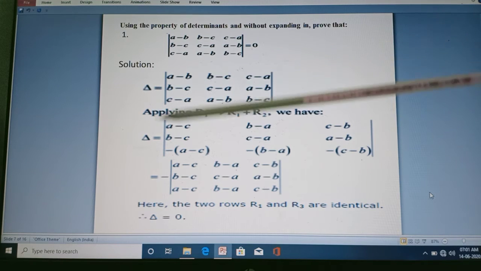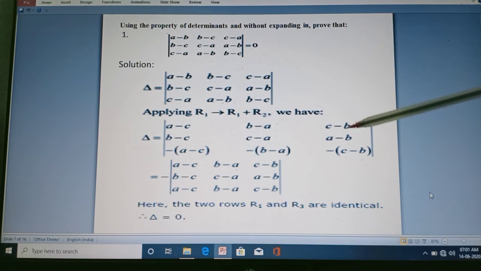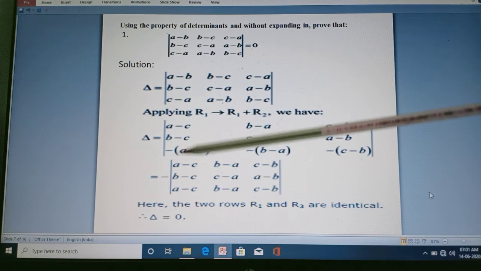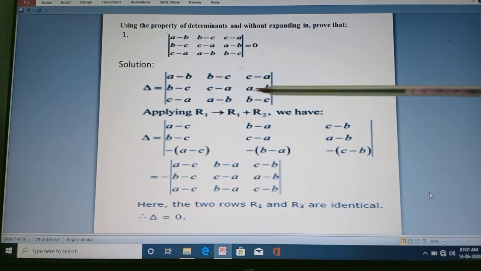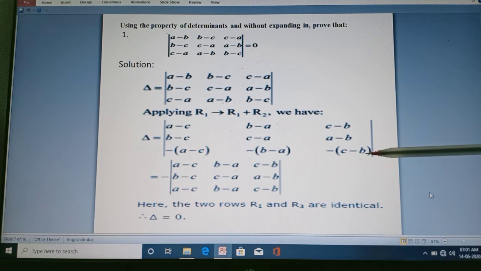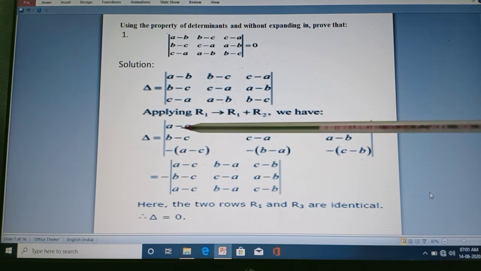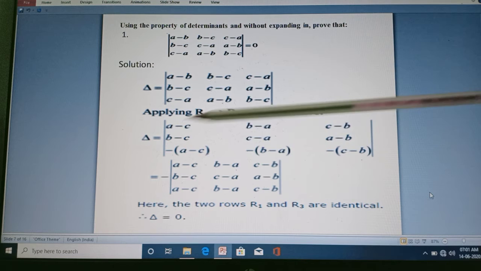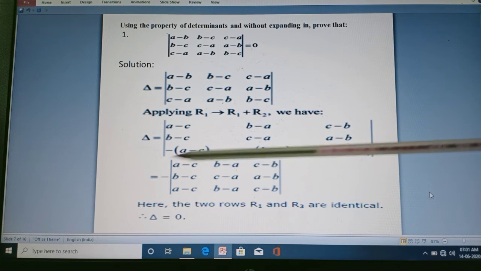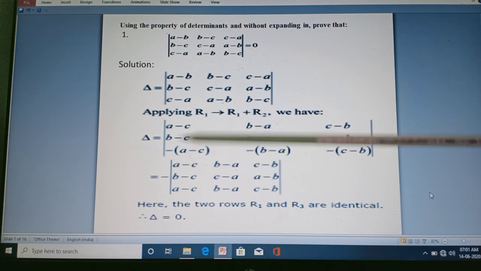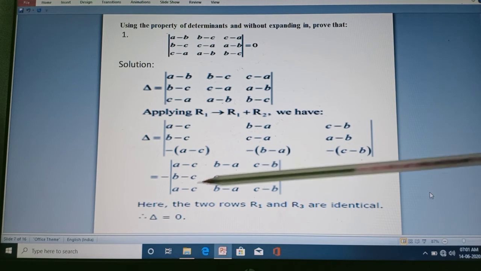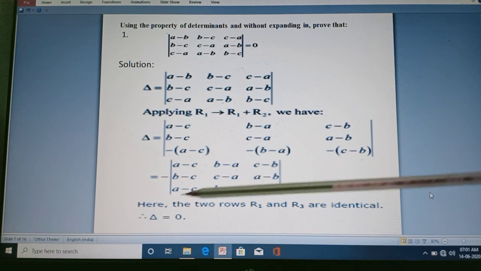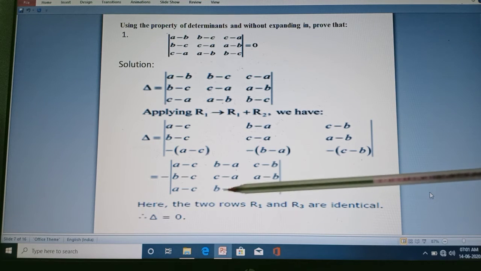And r2 is the same: b minus c, c minus a, a minus b. These can be written as minus of c minus b, minus of a minus c, and minus of b minus a. So minus is taken common outside, and the first row is a minus c, b minus a, c minus b, the second row is b minus c, c minus a, a minus b, and the third row is a minus c, b minus a, c minus b.